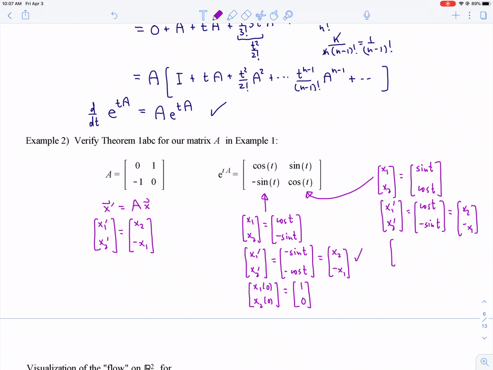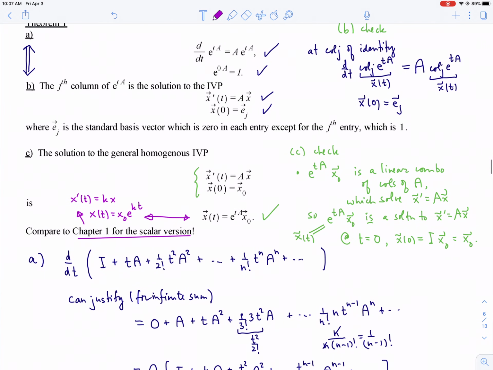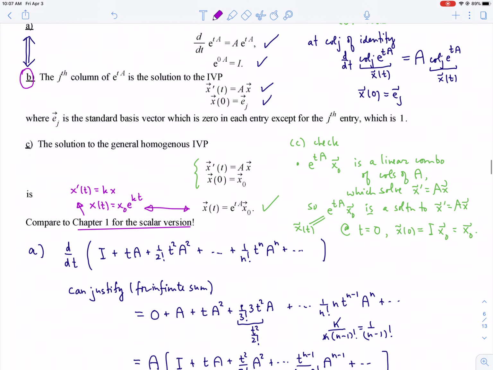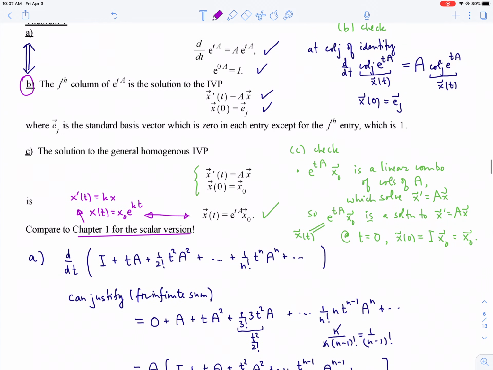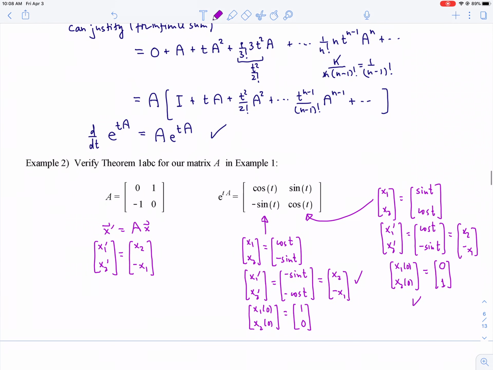And when I do the initial value vector, I get sine of 0, which is 0, and cosine of 0, which is 1. Okay, so what we were checking was that when you look at the columns of e to the tA, they solve the initial value problems x prime equals A x, and x of 0 is, for the jth column, the standard basis vector e_j.